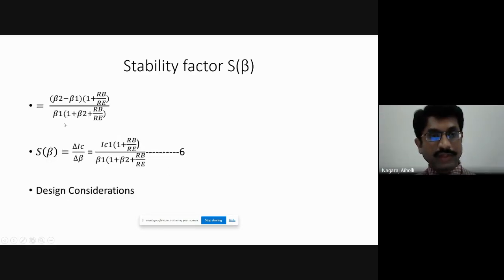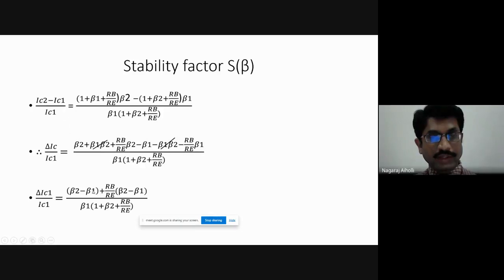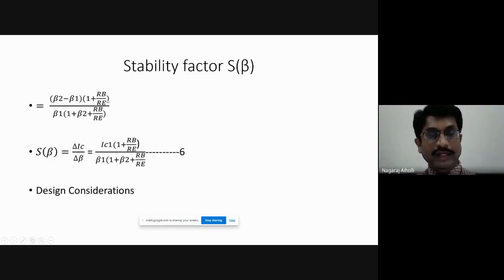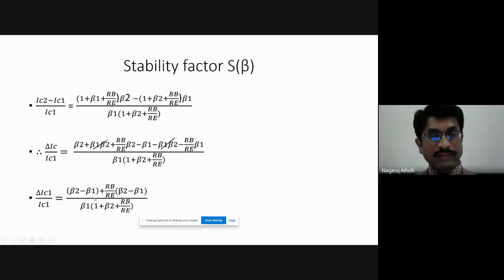So the next equation will be beta 2 minus beta 1. In the numerator, beta 2 minus beta 1 is common again, so take it outside, multiplied by 1 plus RB by RE. So it will be beta 2 minus beta 1 into 1 plus RB by RE, and the whole divided by beta 1 multiplied by 1 plus beta 2 plus RB by RE.